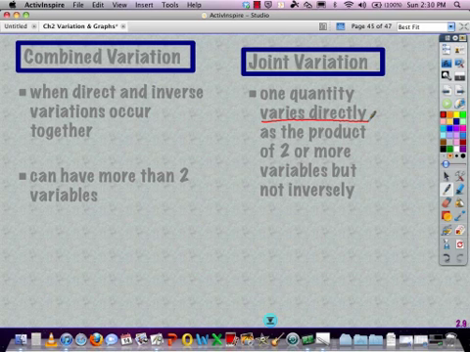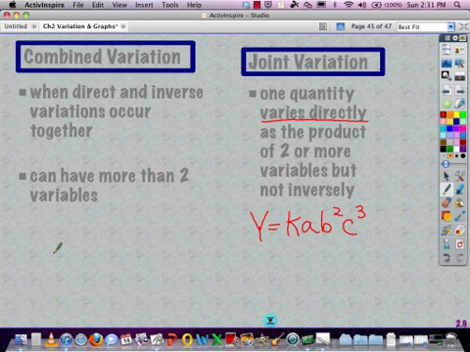So I'm just going to make one up here. If we had y varies directly as a, b squared, and the third power of c, we might have an equation that looks like this. It's all multiplication, they are all different variables, and they are combined in a situation.